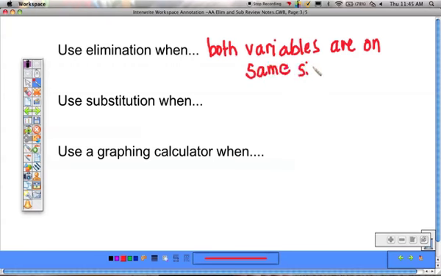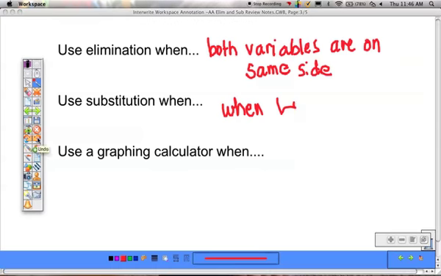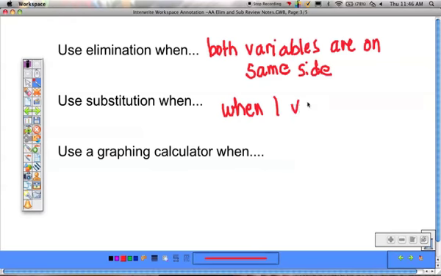And we'll look at examples of that. Use substitution when one variable is already by itself, or it's easy to get that variable by itself.